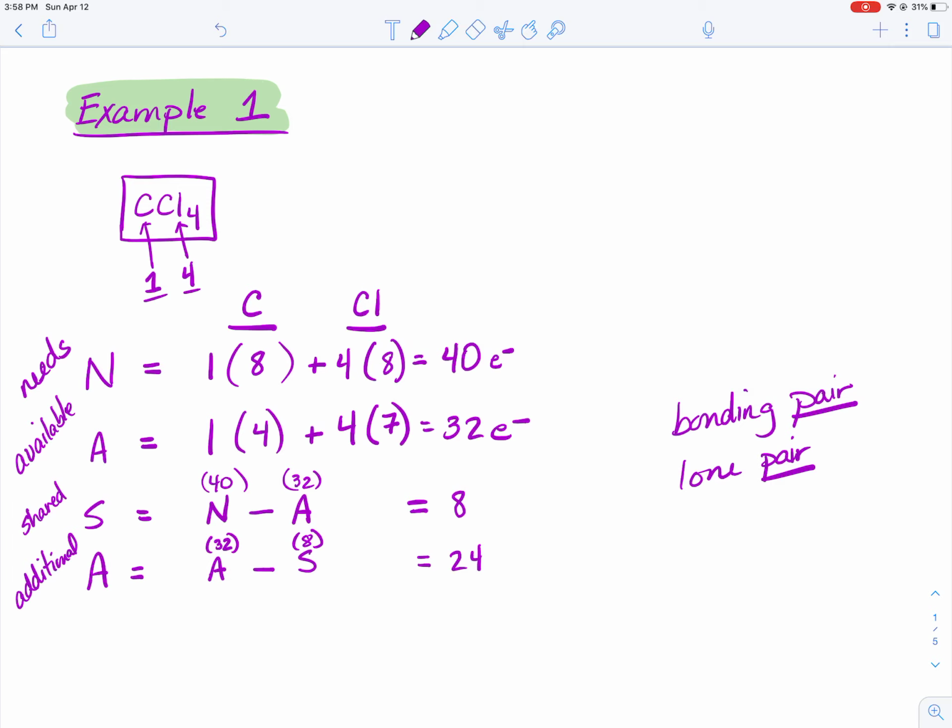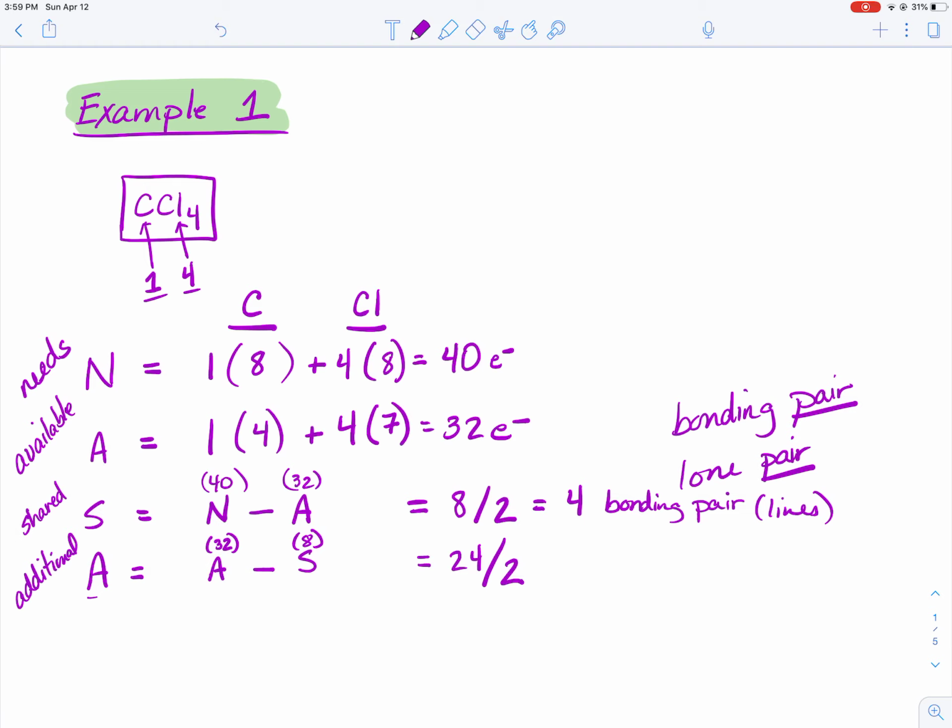So what we're going to do is take these two values, 8 and 24, and divide them by 2. Only do this after you have calculated all the way to the end of the additional value. Calculate everything before you divide by 2, so that you get the proper numbers of bonding pairs and lone pairs. And this 8 divided by 2 is 4. That means there are 4 bonding pairs in this structure, which means there are 4 lines essentially.